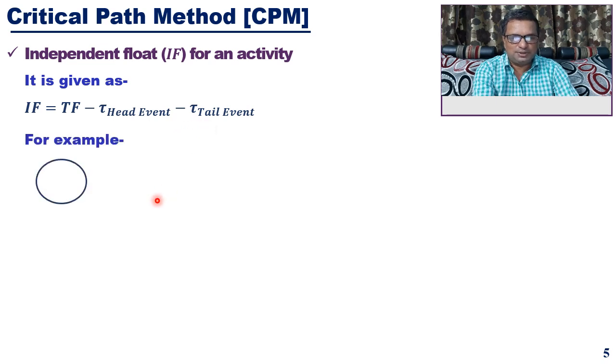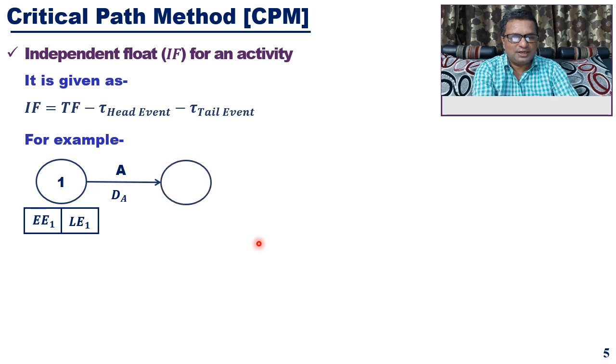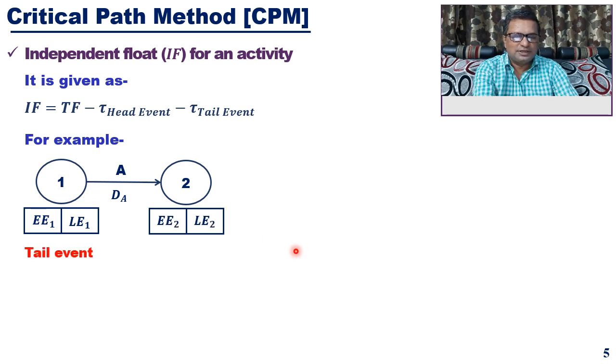For example, let us consider event 1, which has earliest event time EE1 and latest event time LE1. Then you have activity A, whose duration is DA, completing at event 2, which has earliest event time EE2 and latest event time LE2. So this is the tail event, this is the head event.